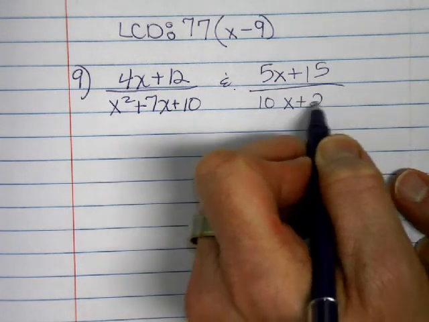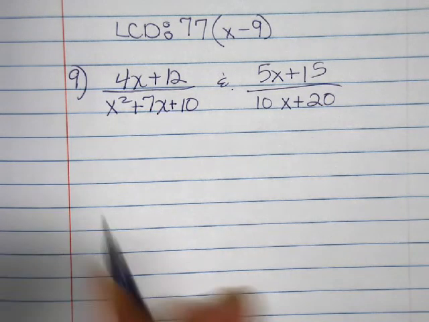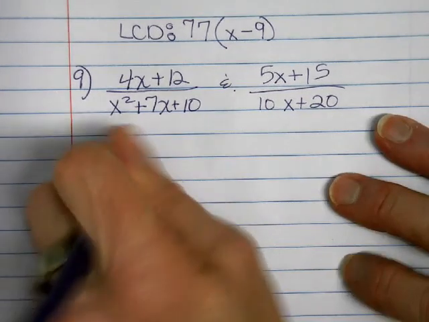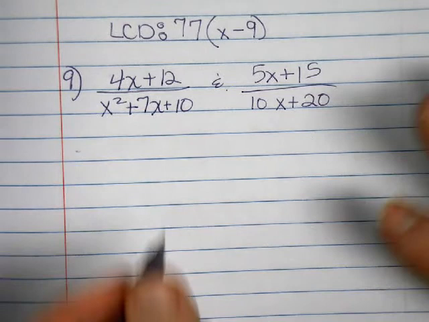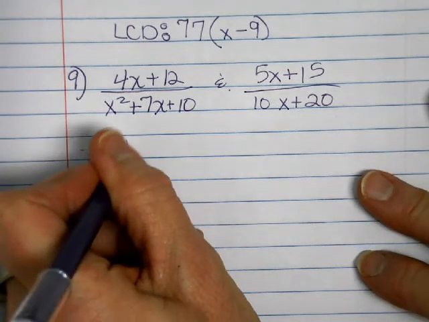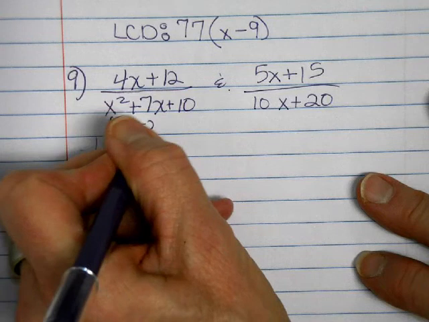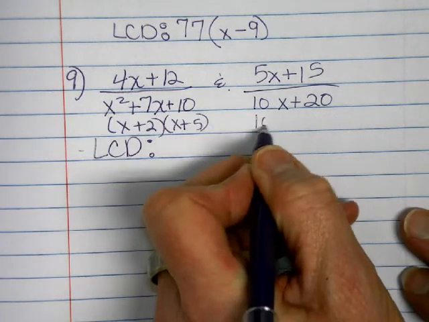That's plus 10 and 5x plus 15 over 10x plus 20. So this is the next step in being able to add these two fractions together, is finding the least common denominator. So this is, you know, a powerful piece of the puzzle.